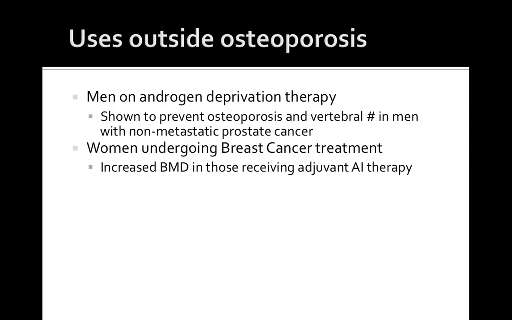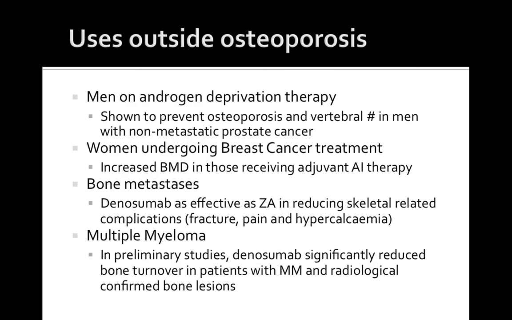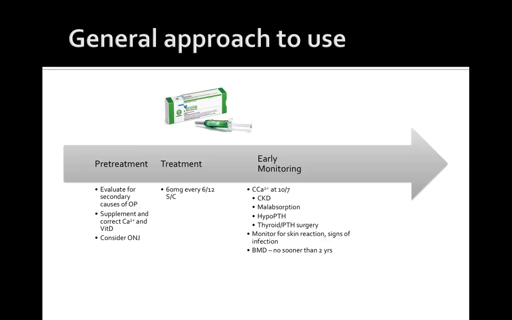And the denosumab in this setting is given every month, which is pretty frequent. So they get more hypercalcemia, they get about the same level of ONJ, and the kidney function you don't need to worry about, which is good. In bone metastases, it's just as effective as zoledronic acid. And in multiple myeloma, it seems to be pretty good. And that's really about all we're going to go into for that today.